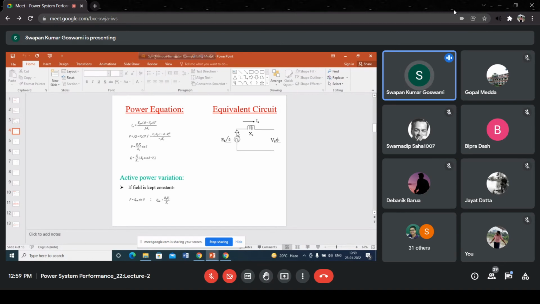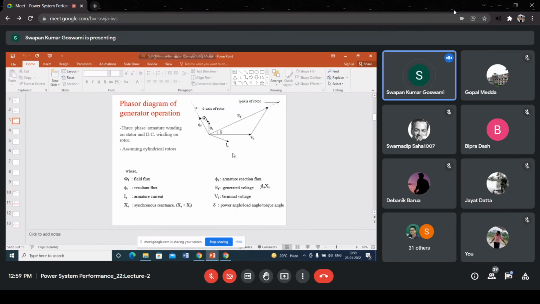In the machine, there is a drop of jIa Xs. To represent that, we have shown the reactance here, Xs. Obviously, it is jXs, and the current flowing is Ia. So jIa Xs is the drop here. So this is the equivalent circuit, and it has been drawn using this part of the phasor diagram, that means the electrical part of the phasor diagram.